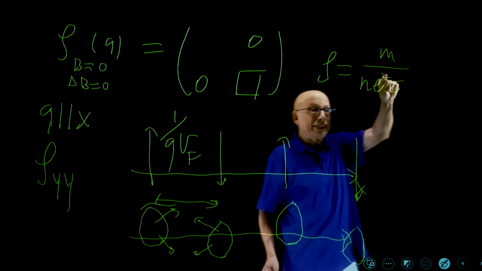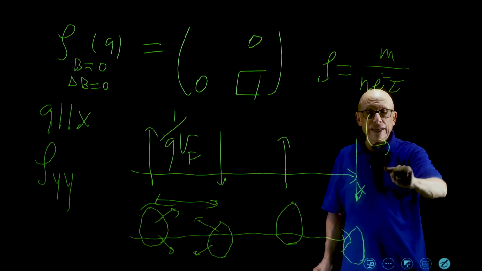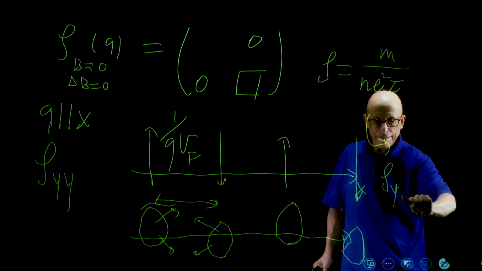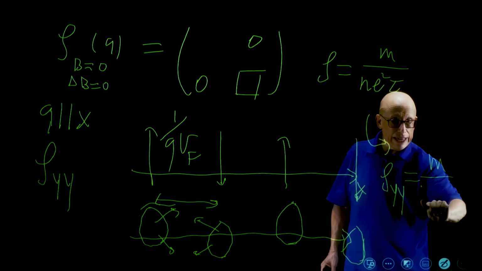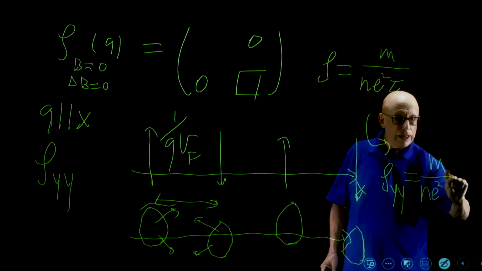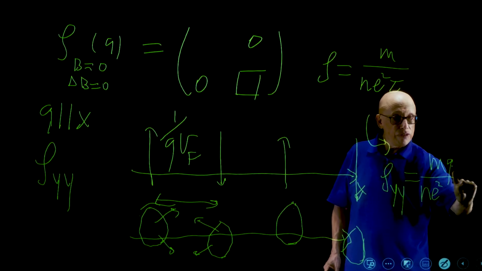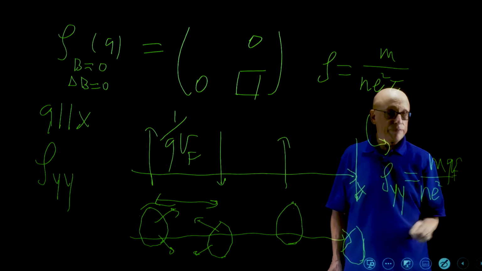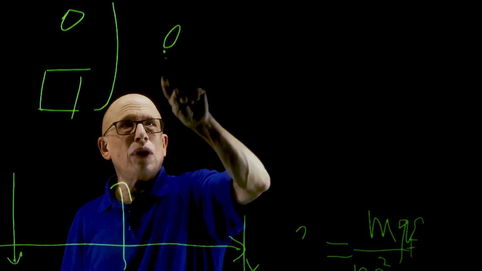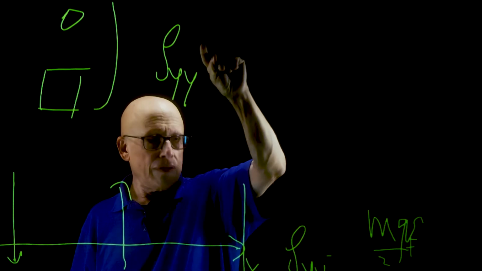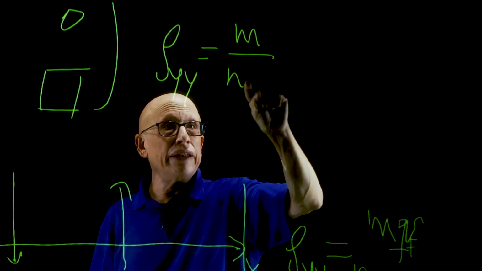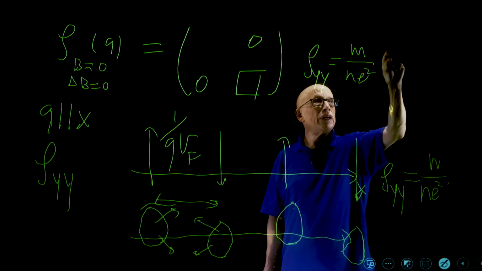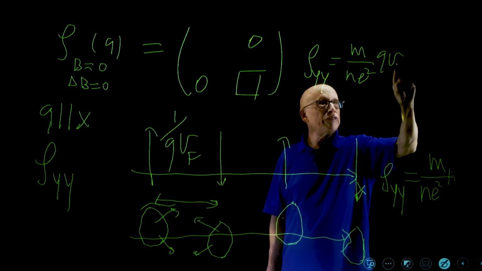And now if I go and substitute it here, I get rho yy, which is of the order of m over ne squared times q v Fermi. And write again rho yy being m over ne squared q v_F.